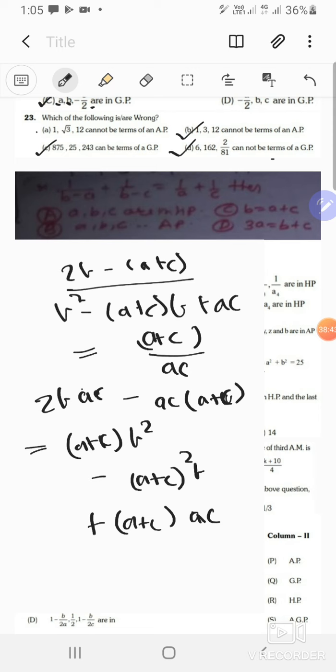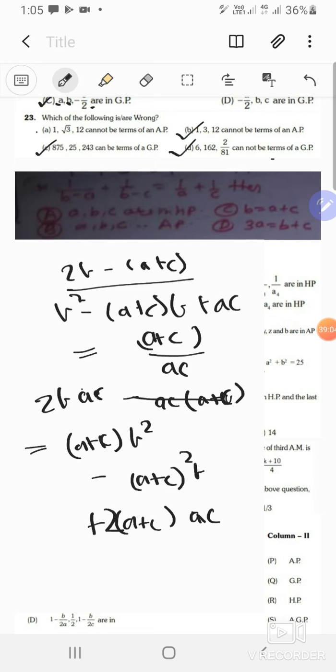Well, obviously this goes down there and this becomes 2 times a plus c into ac. No problem with that. You got b square and then you got this thing. Oh wow, I was not expecting this to happen.